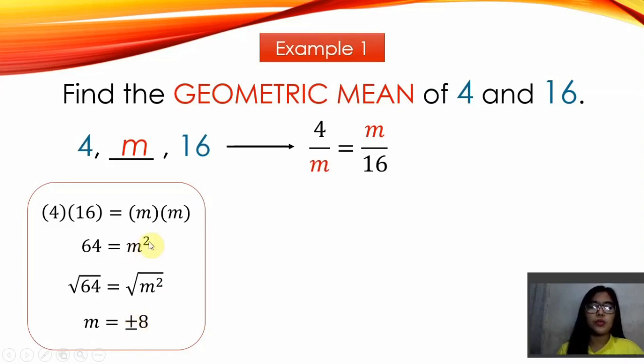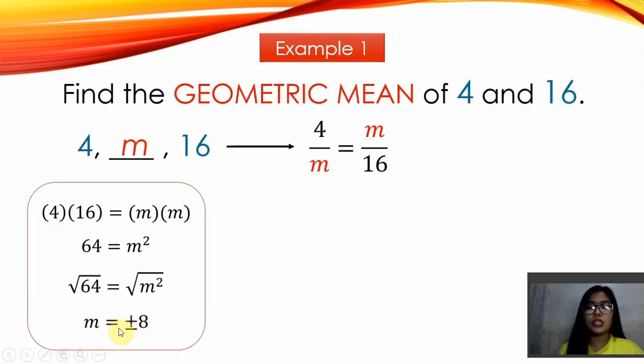Okay? So, remember that if the exponent and the index here is even, it is automatically plus minus. Okay? So, if you square a negative, answer will be positive. Okay? So, m is equal to plus minus 8.